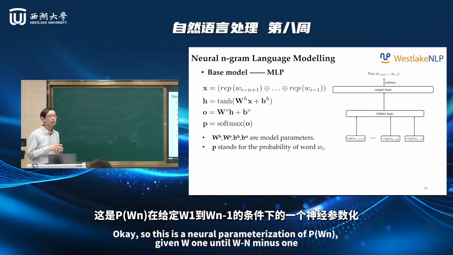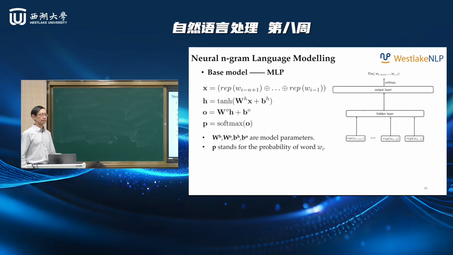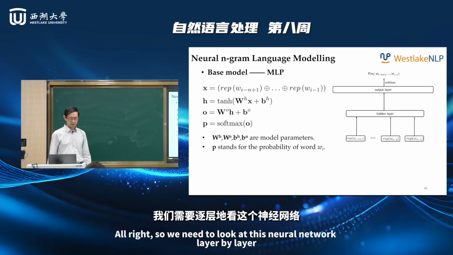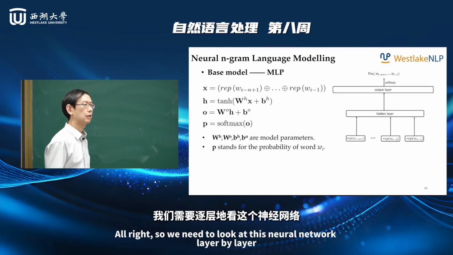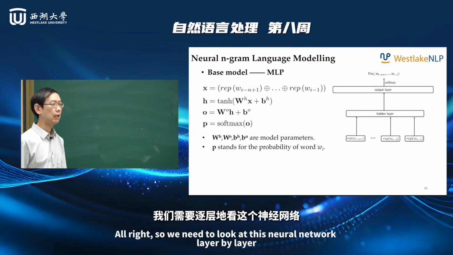This is a neural parameterization of P(Wn given W1 until Wn-1). All right, so we need to look at this neural network layer by layer.